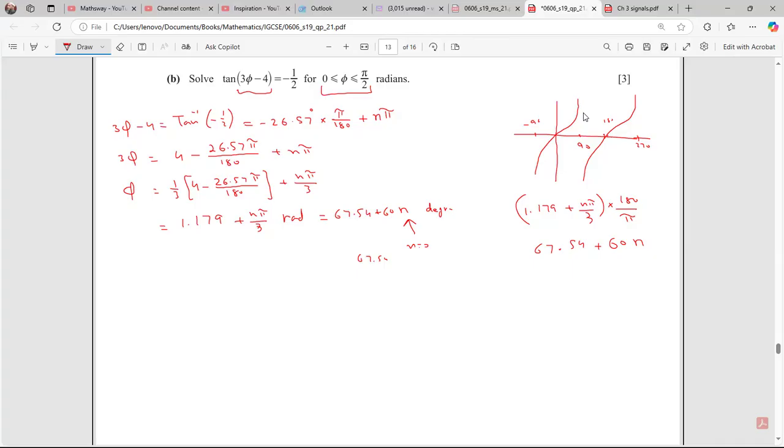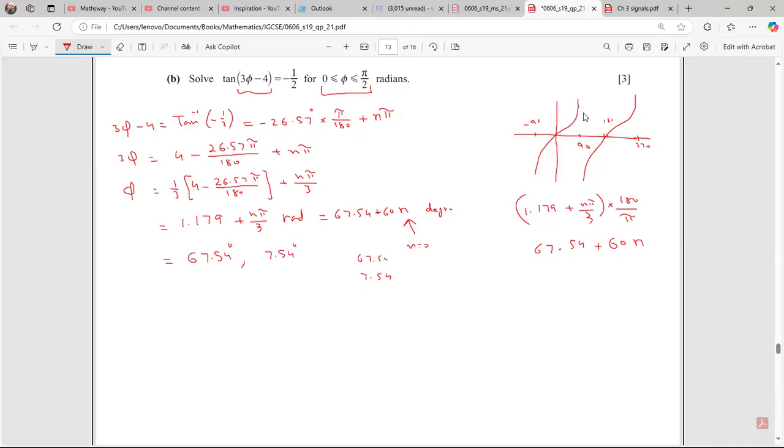But if I subtract 60, the other answer is going to be 7.54, right? So I have two answers, and that would be 67.54 degrees, and the second answer is 7.54 degrees. So both of these are in degrees.